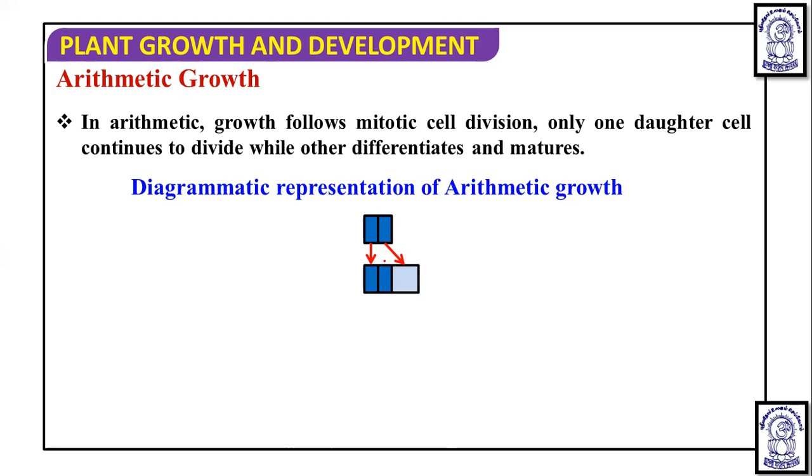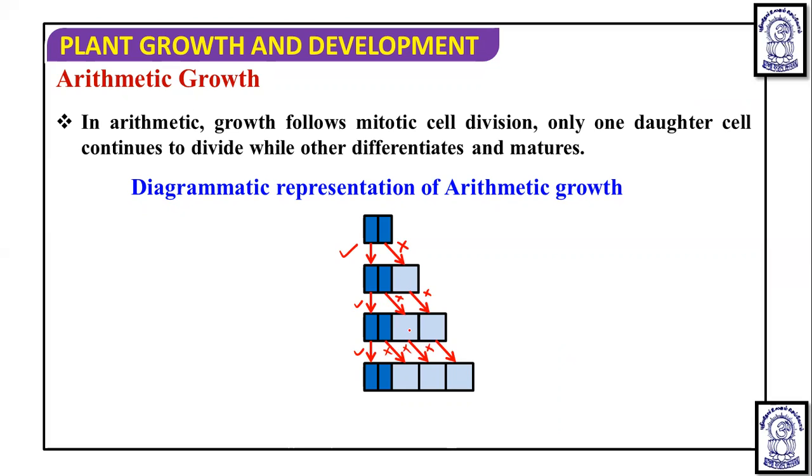Out of these, one stops dividing and one keeps on dividing. Again, out of these, one stops dividing and one keeps dividing. The same happens further: some continue dividing and some stop dividing.